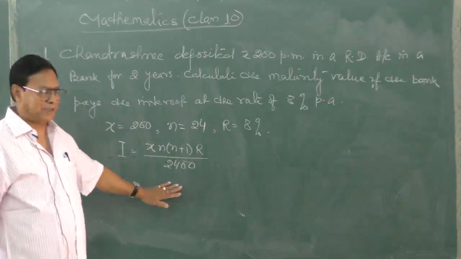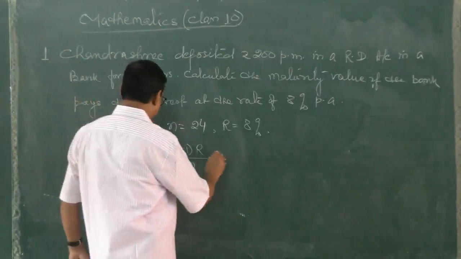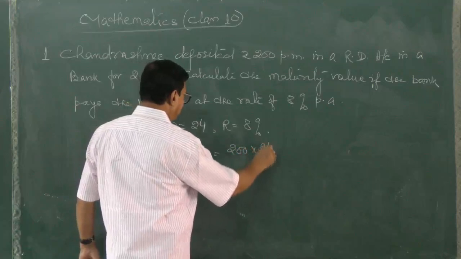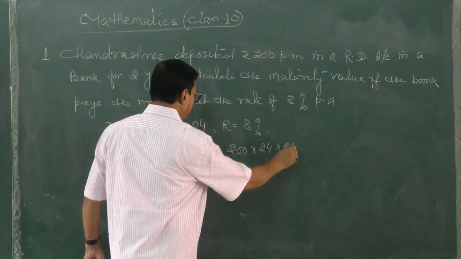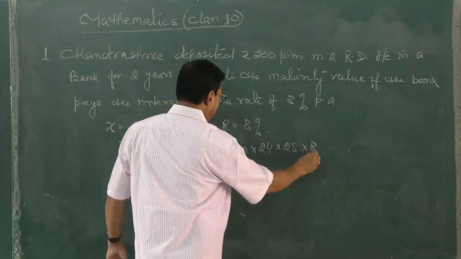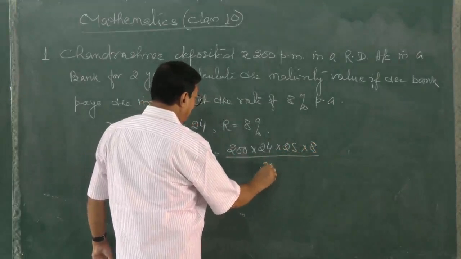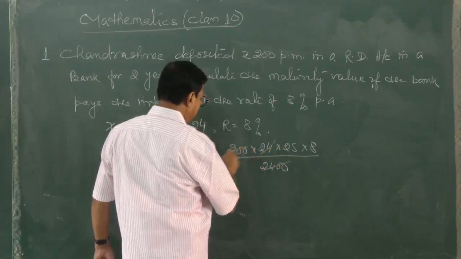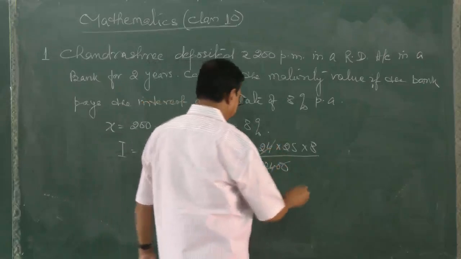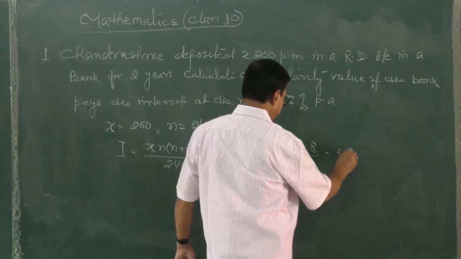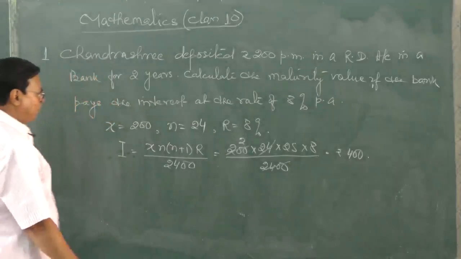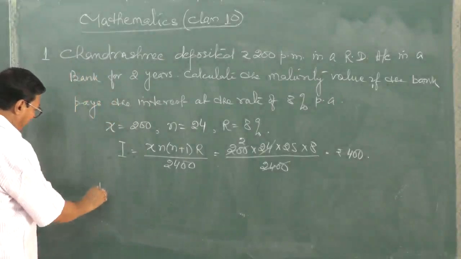So use the formula directly here. So X is 200 deposited for 24 months. So N into N plus 1, rate is 8 by 2400. So that's rupees 400.